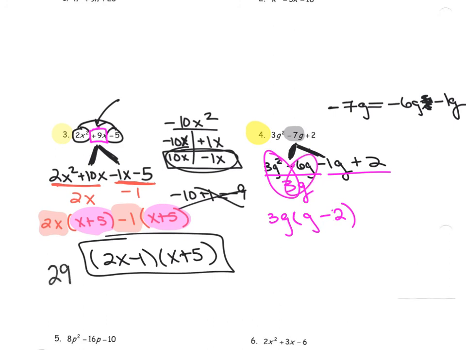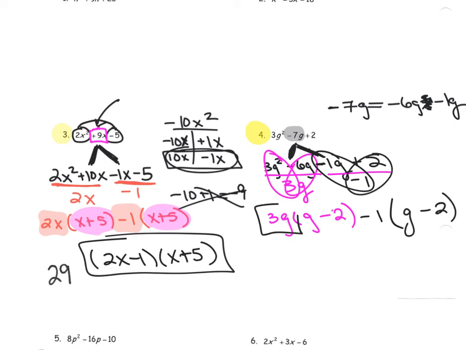Again, in common here, I have a negative 1g plus 2. Let's take out the negative 1. So I have minus 1 times g minus 2. And here is what is remaining. So we have 3g minus 1 times g minus 2.